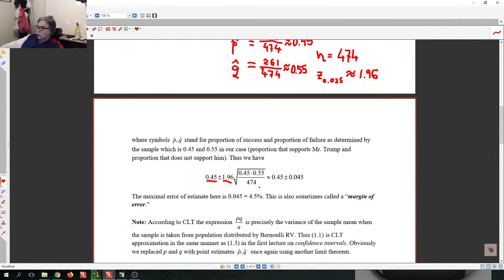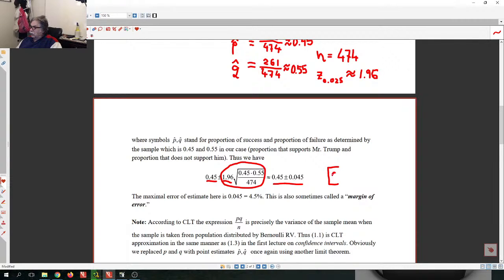And the result is, for the maximum error of the estimate, or colloquially we call that margin of error, I'm getting 4.5% approximately. So our estimate for support for president in October was 45%, give or take 4.5%, which means if we want to state this as an interval, we are going to subtract with minus here.